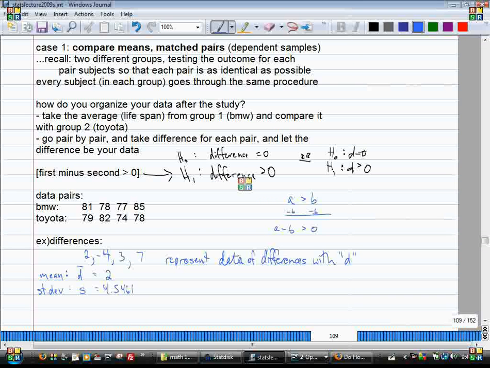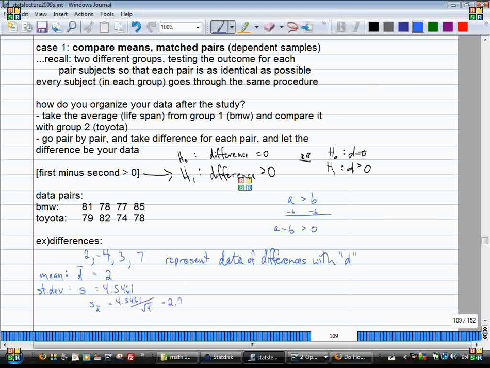Okay. Now what else do we need to find? Exactly. And how do we get that? Take this, divide by the square root of n, which was 4.